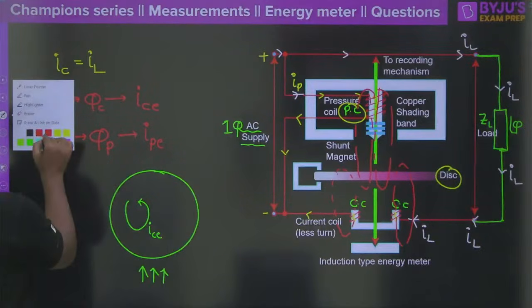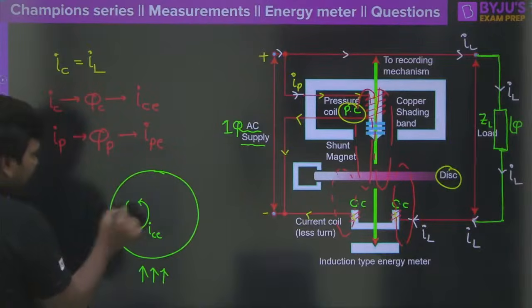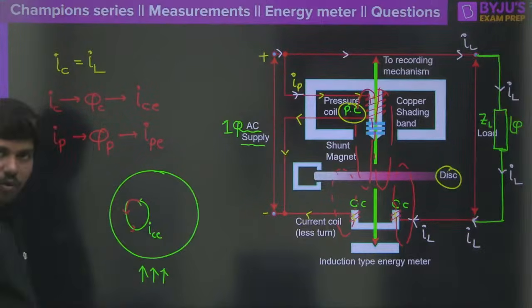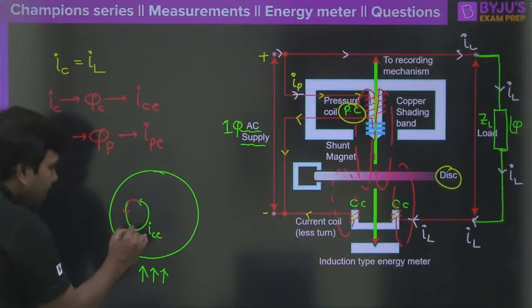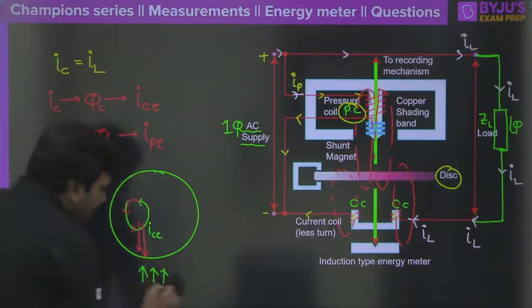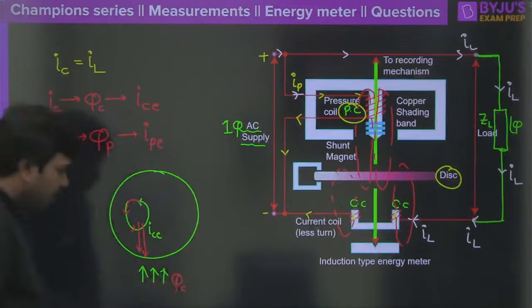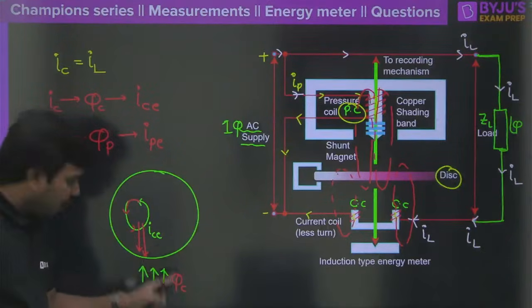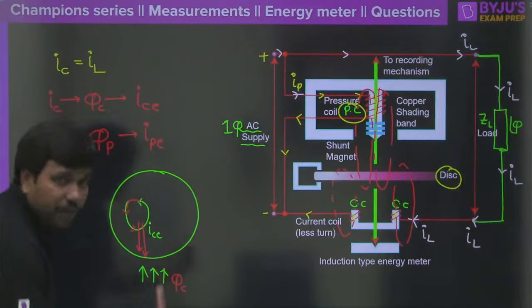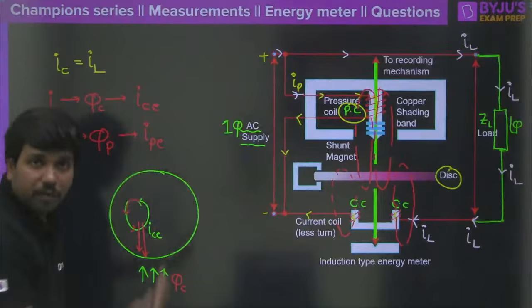If this is the direction of the eddy current, and this is like a loop, what is going to happen? Because of the eddy current, the magnetic flux will come in the opposite direction to the magnetic flux created here. This is the magnetic flux created by phi C. Clear? This is the magnetic flux created by the current coil coming from the bottom of the disc.